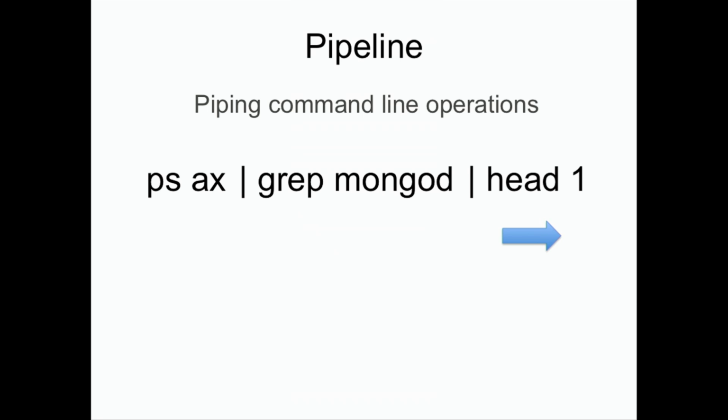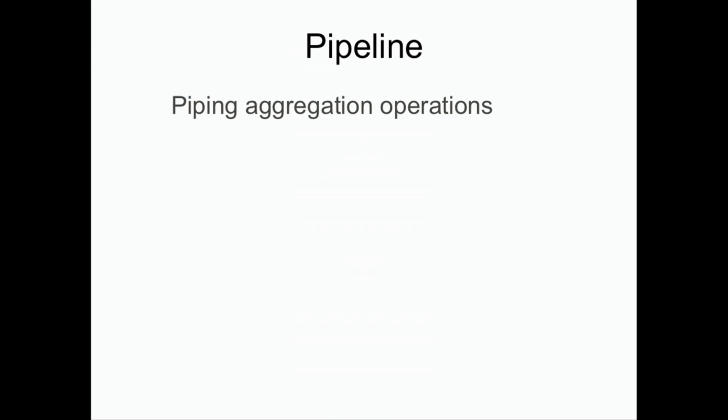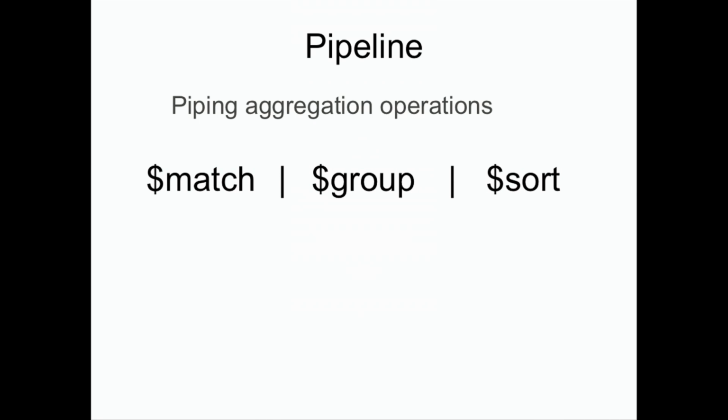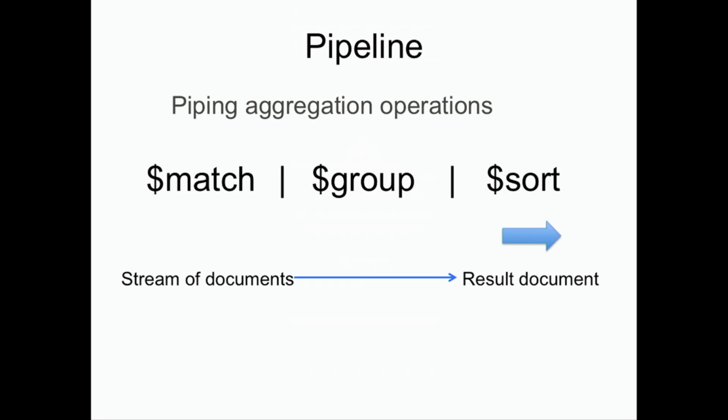I've learned how to do animations in PowerPoint, so I'm really proud of myself on this one. In the same idea, we build out an aggregation task by pipelining operators together and then sending data through that pipeline. In this case, it's a stream of individual documents from a collection being sent through these operations in the pipeline out to a resultant document or set of documents.